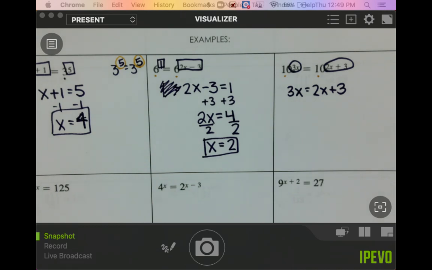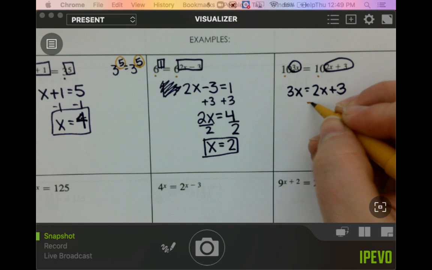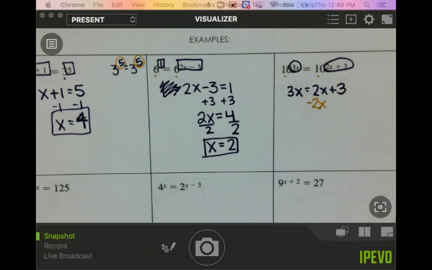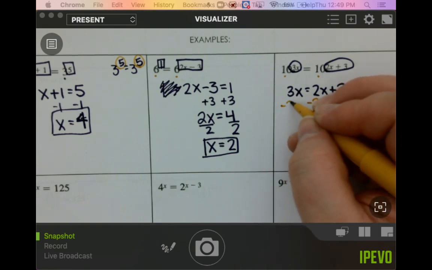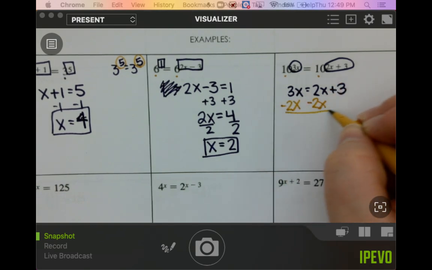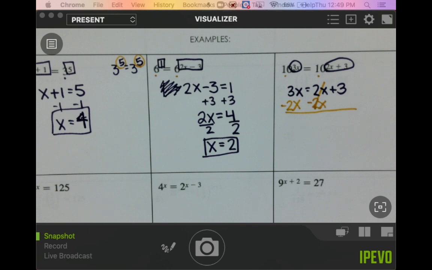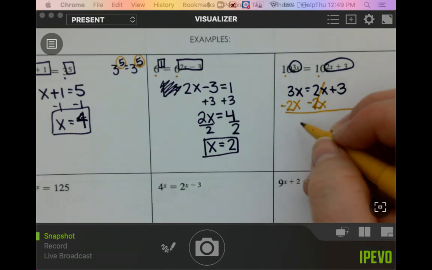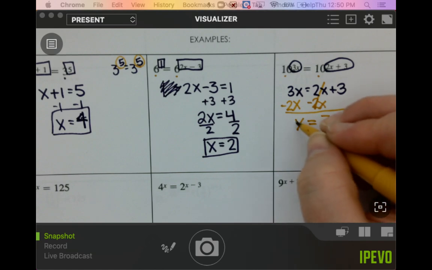They look way harder than they actually are. And then I'm going to minus this 2x, because if you want to move it on to a different side, you have to do the opposite sign. Since it was 2, I need to do negative 2 to cancel it out and move it to the other side. 3 minus 2 is 1x. You don't have to write that 1. Like that.